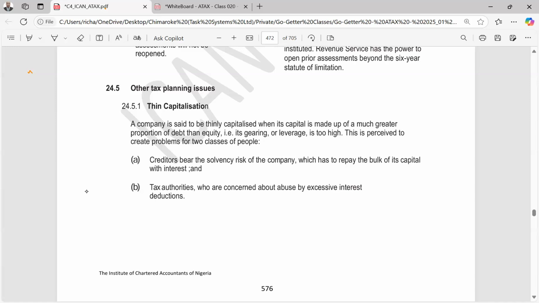And so it means less tax burden on the taxpayer, less tax yield for the authority. And if this were to be an international company, then that's a serious problem, because it means that high interest rates may be going from Nigeria to another country, which will form income for that country.